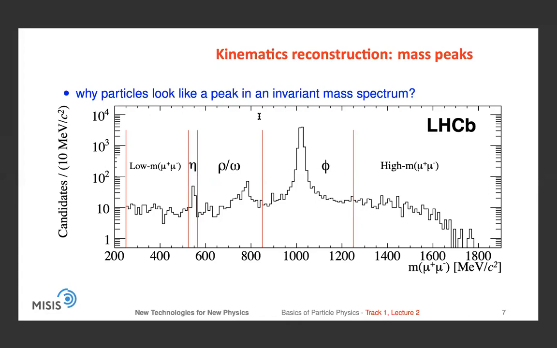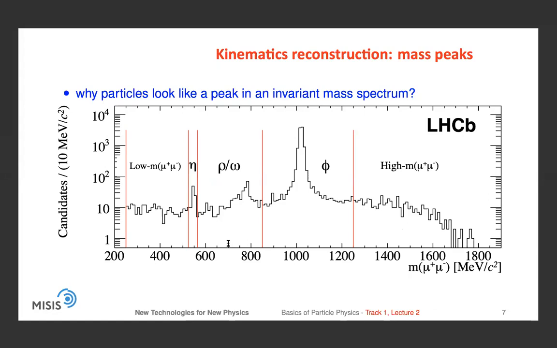So here's again the slide at which we are looking. This is a measured spectrum of dimuons with the LHCb detector. Basically, in each event we are looking for a pair of muons of opposite charge and then compute the invariant mass. And here is how it looks.